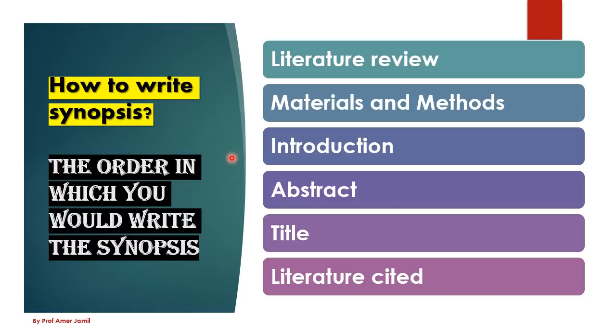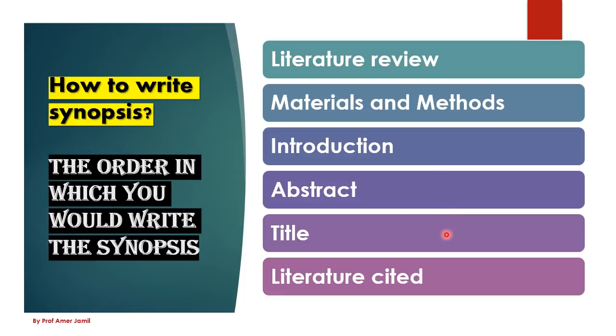The order in which you write your synopsis is given here. It is recommended that you first write down the literature review, and then materials and methods, followed by introduction, because when you finalize these three, then you can write down the abstract, which is composed of these three. And then you finalize your final title.